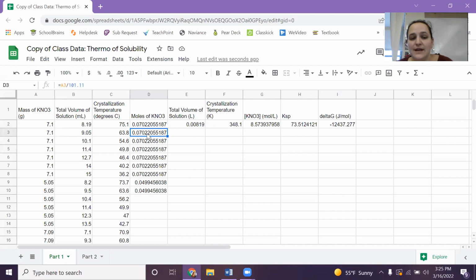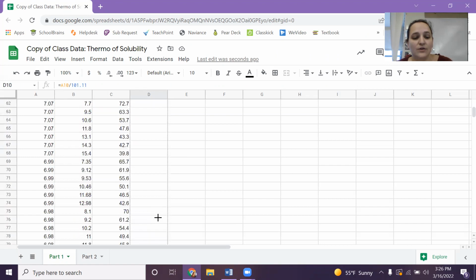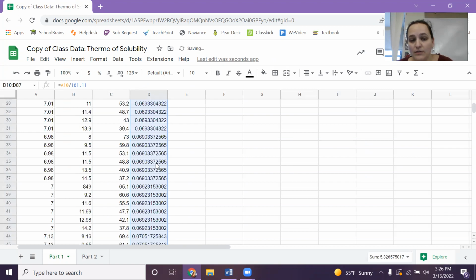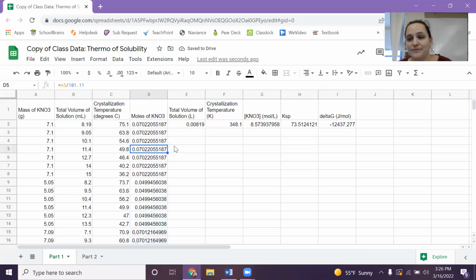And as we move down, it knows that you now want it to reference the next row. So when we get down here and it's referencing A9, that's a different mass now. That's why that changes. So we can click and drag this all the way down the column to the bottom, and you've now converted all of your masses to moles.